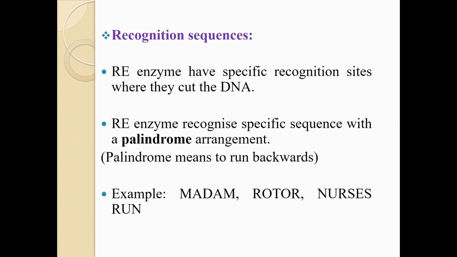Similar palindromic sequences are also present in the host cell DNA, the vector DNA, and also in our human cell DNA. So restriction endonuclease enzymes have a specific site to cut only in the palindromic sequence. The palindromic sites are the recognition sequences for the different restriction endonuclease enzymes.